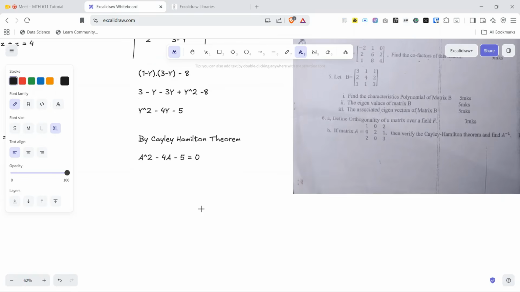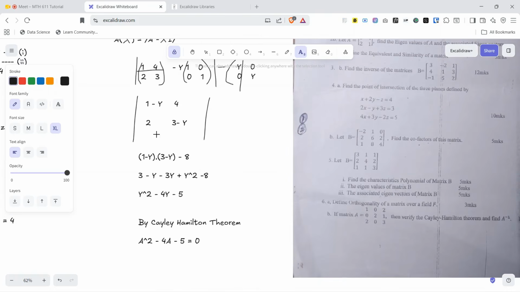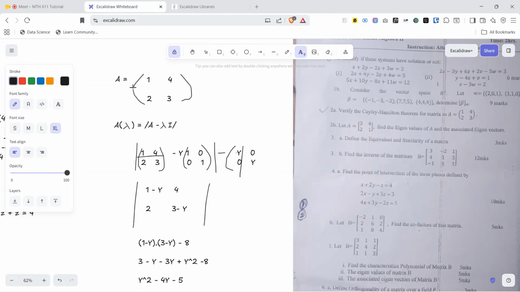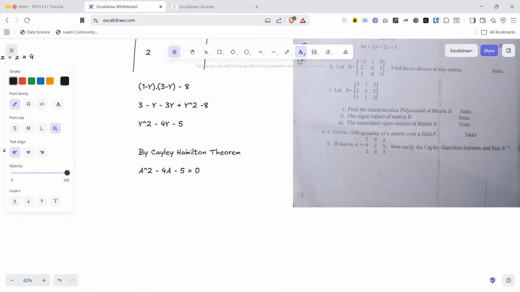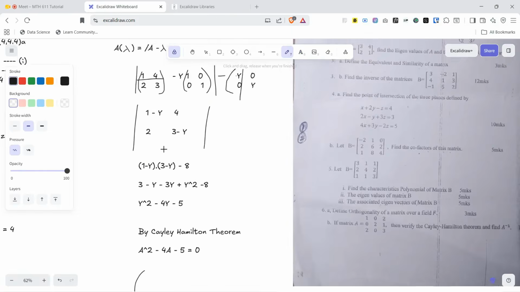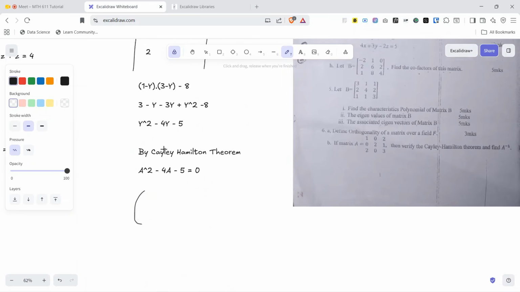So what you are now going to do is substitute A here. That would now be our A, the matrix that we have here. This is 1 4 2 3, right?